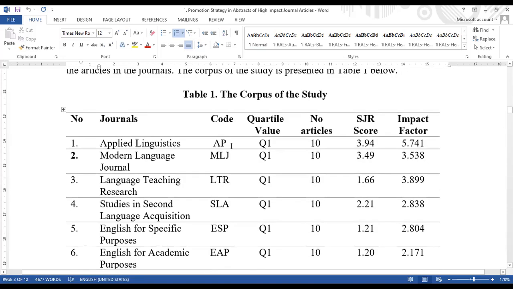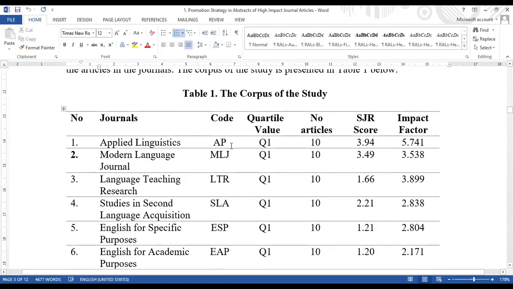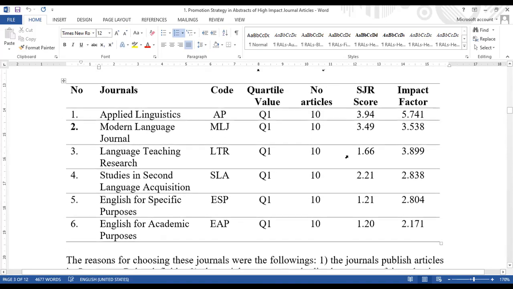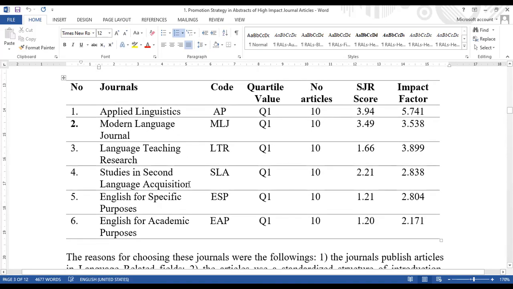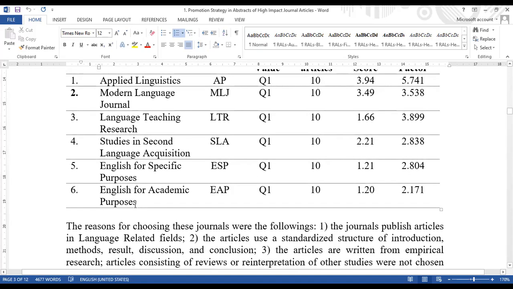Okay, so these will be the journals. I will take 10 abstracts from applied linguistics, Q1, quartile 1. I will take 10 abstracts from Modern Language Journal, with impact factors. You see here it is very high, and therefore I classify these as high impact journals: Language Teaching Research, Studies in Second Language Acquisition, English for Specific Purposes, English for Academic Purposes.